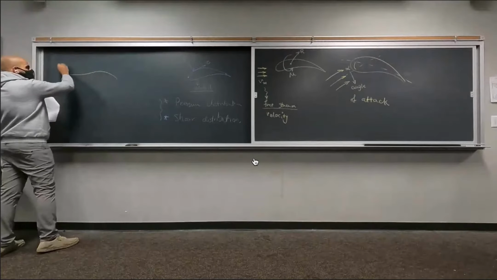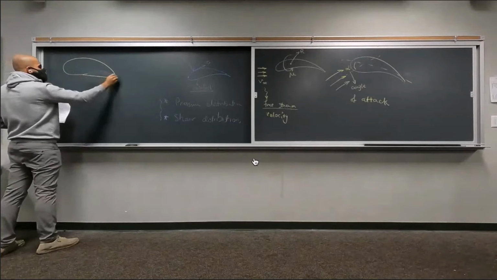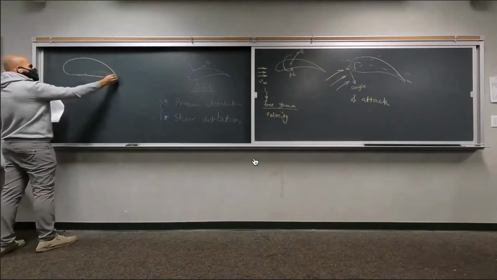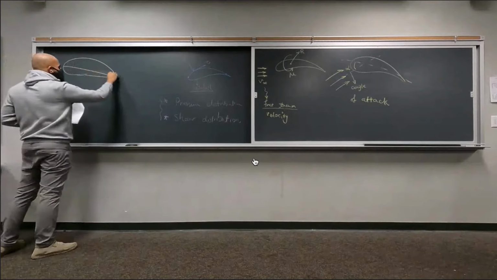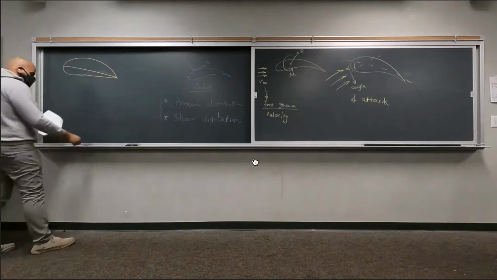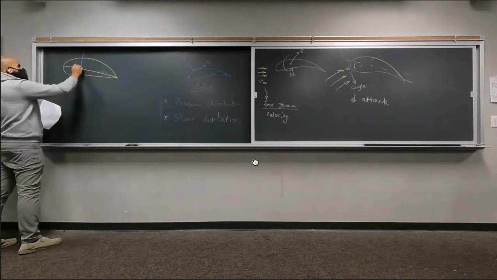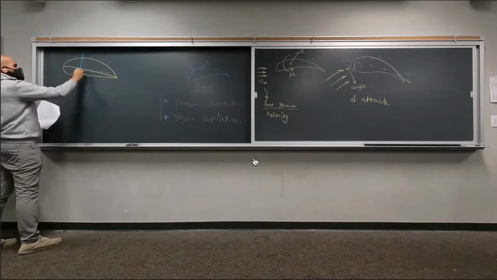The first one is going to be normal to the center line of the airfoil or the object for that matter, right? The normal projection, normal and tangential to that.